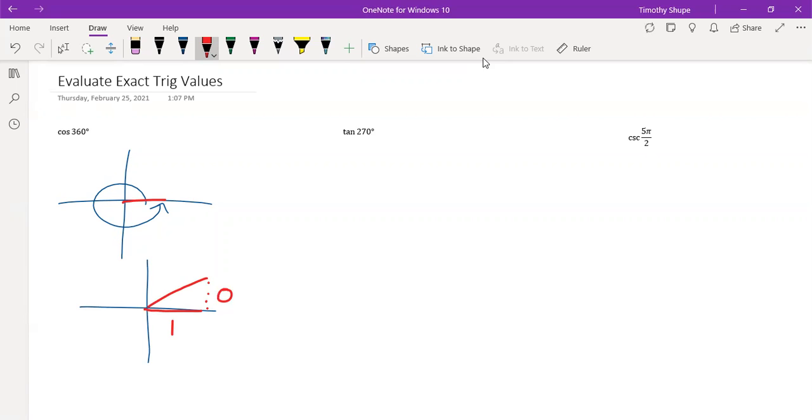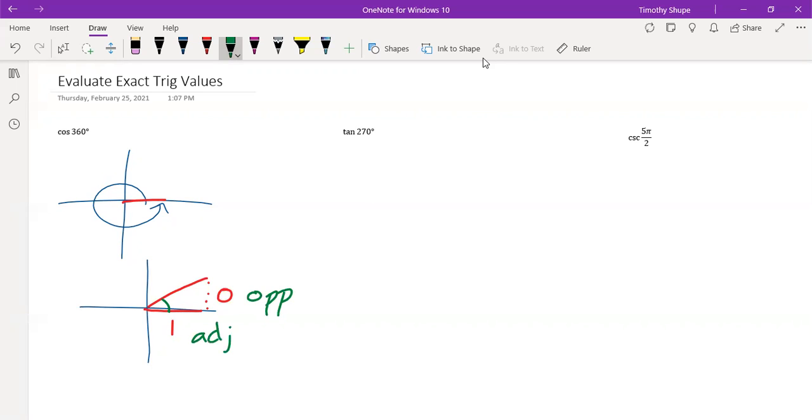Now, I know that can't be a triangle, but if it helps us to get a visual on how to figure out these trig values, we can draw it out. So that way I'm looking at my reference angle here next to the origin, like it always has been. We've got an opposite side of 0, and we have an adjacent side equal to 1.